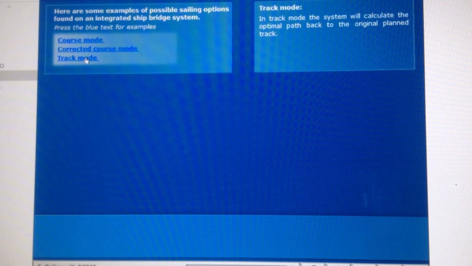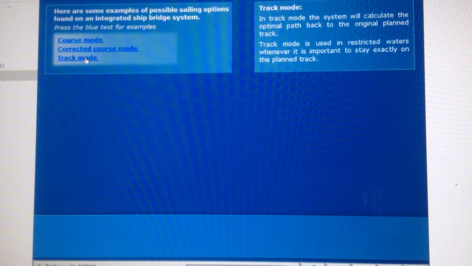In track mode, the system will calculate the optimal path back to the original planned track. Track mode is used in restricted waters whenever it is important to stay exactly on the planned track.